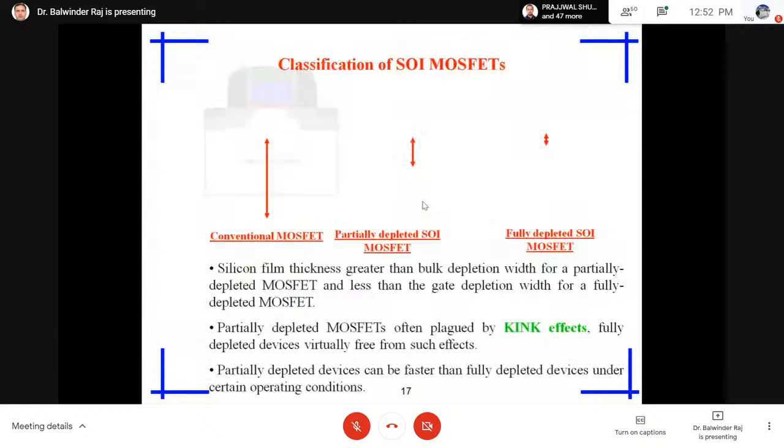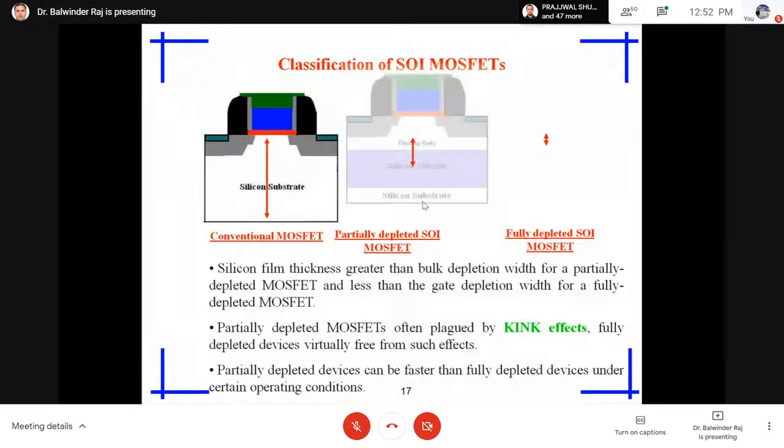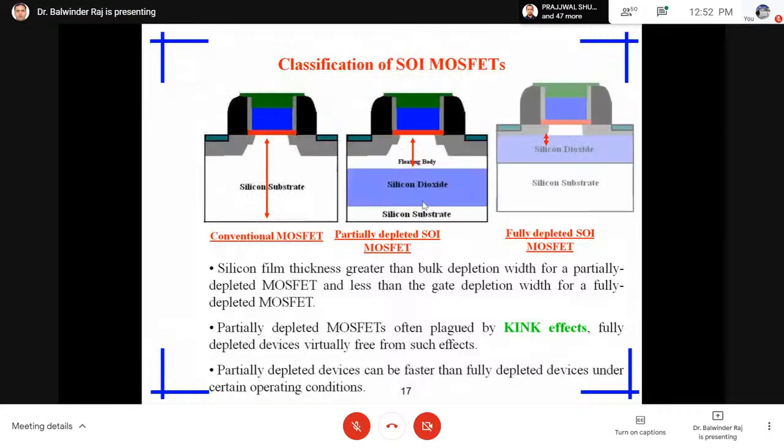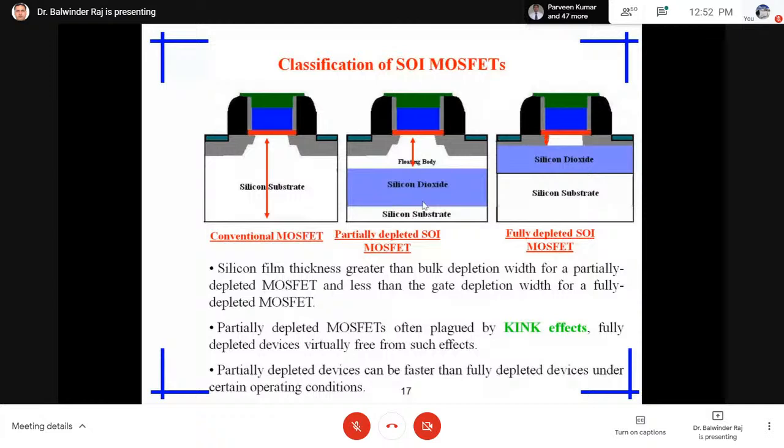SOI technology is classified in two forms. One is the partially depleted SOI MOSFET, and the second is the fully depleted SOI MOSFET. If we take the example of the conventional MOSFET, the whole substrate is known as the body of the device.